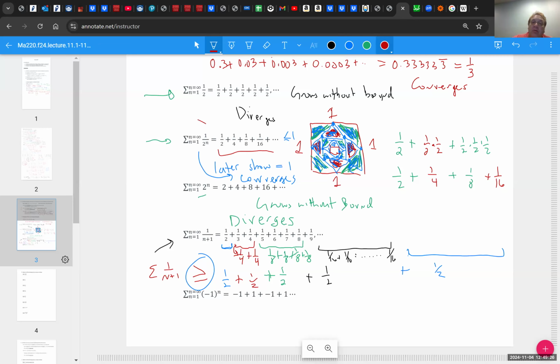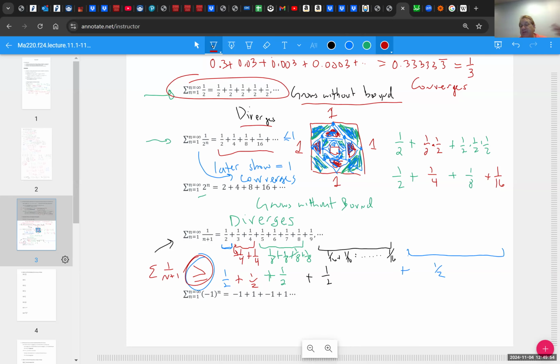So we know from our original discussion up here that 1/2 plus 1/2 plus 1/2 plus 1/2 forever grows without bound and therefore diverges. Our series here of 1/2 plus 1/3 plus 1/4 plus 1/5 is greater than 1/2 plus 1/2 plus 1/2 plus 1/2 plus 1/2.